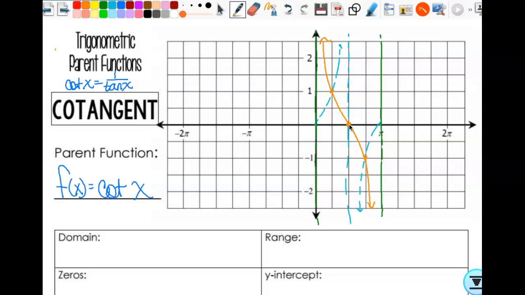Once we have that, then we can just repeat it, right? So I'll have an asymptote at 2 pi, one at -pi, and one at -2 pi.